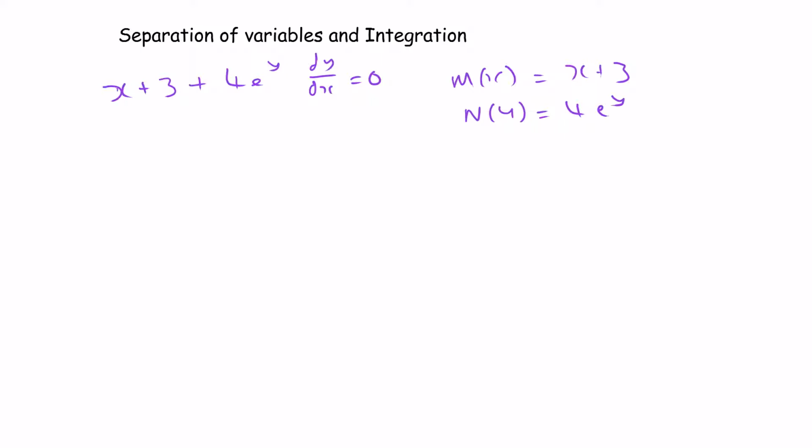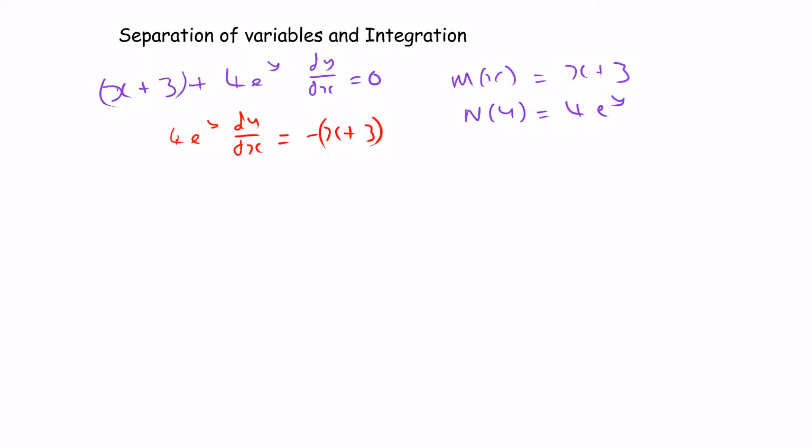So let's put brackets around this, and that makes everything so much easier. Our first step is we're going to take away m(x). So that will give us 4e^y dy/dx is equal to negative (x + 3).